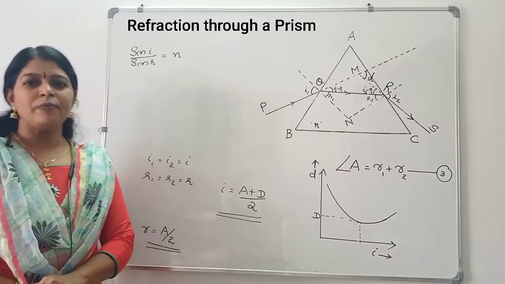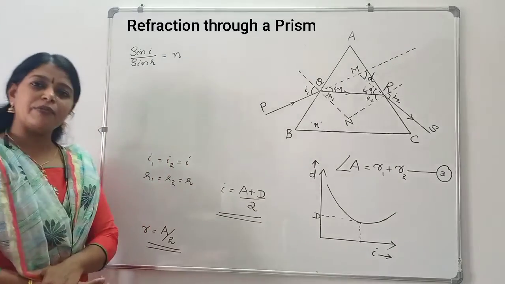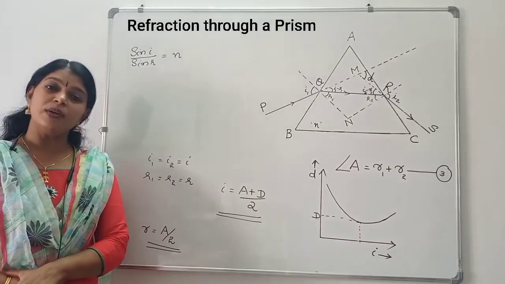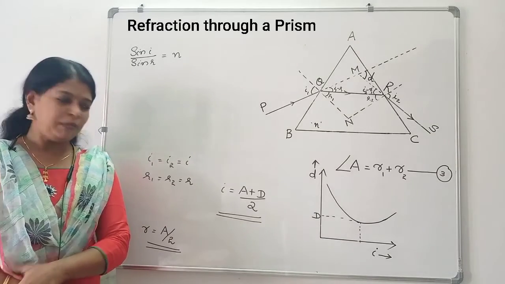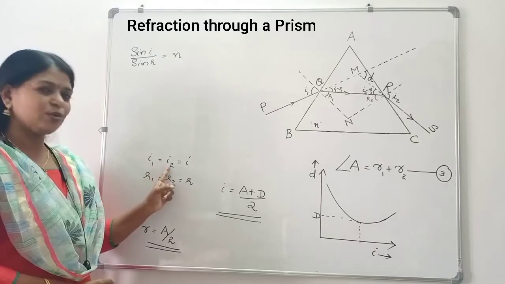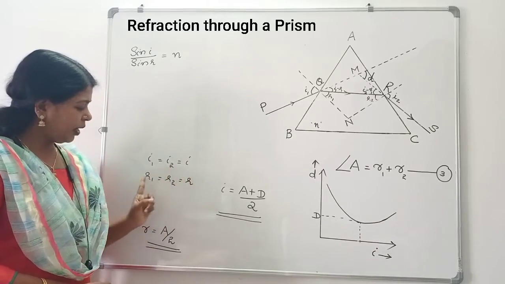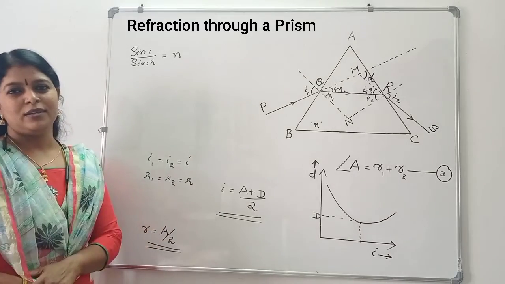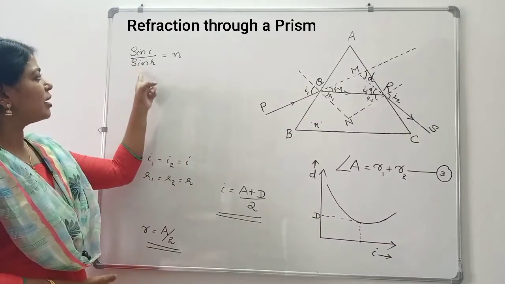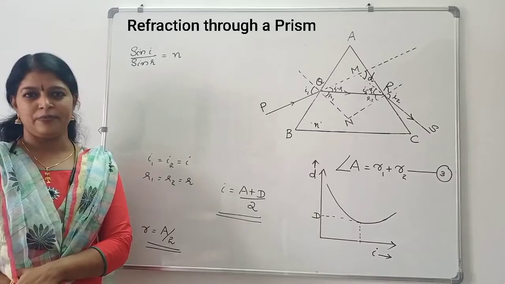By Snell's law, sin I1 by sin R1 is equal to N or sin I2 by sin R2 is equal to N. But I1 is equal to I2 is equal to I and R1 is equal to R2 is equal to R. That is, sin I by sin R is equal to n.